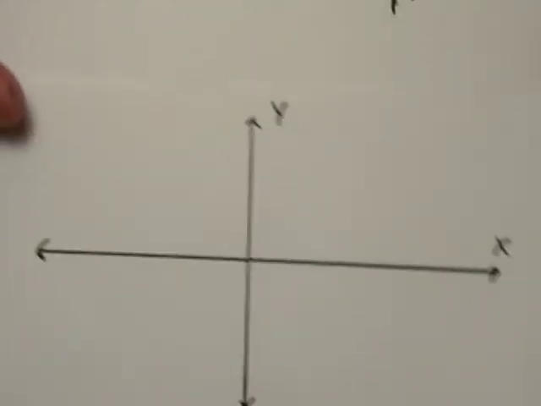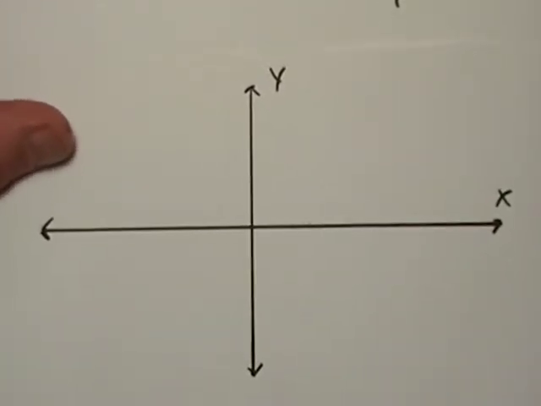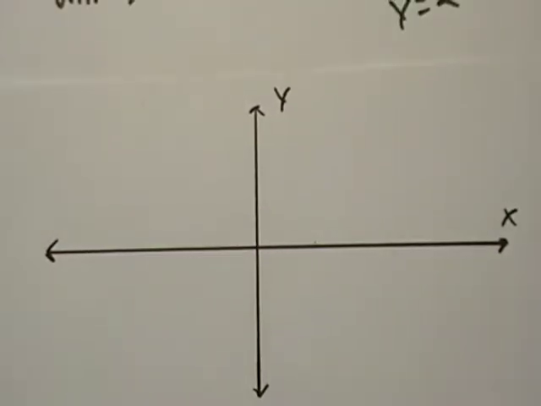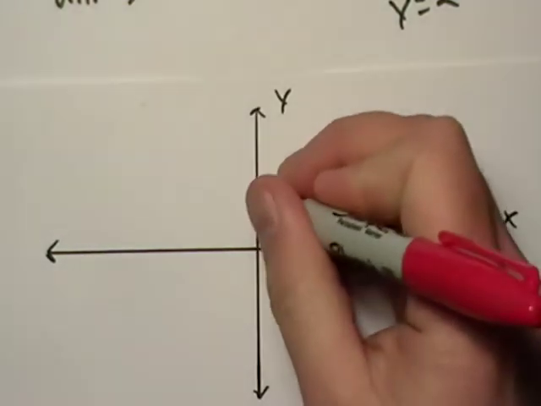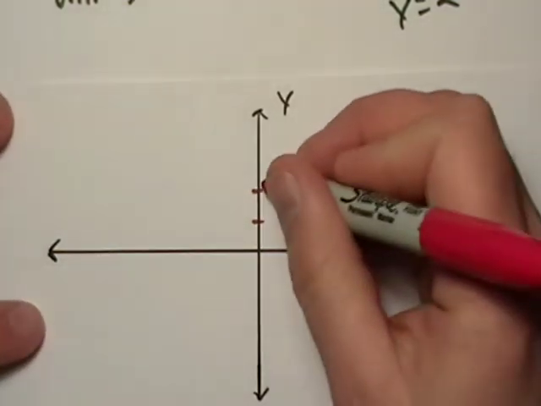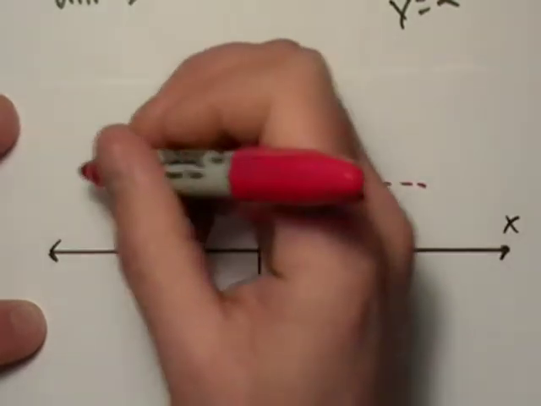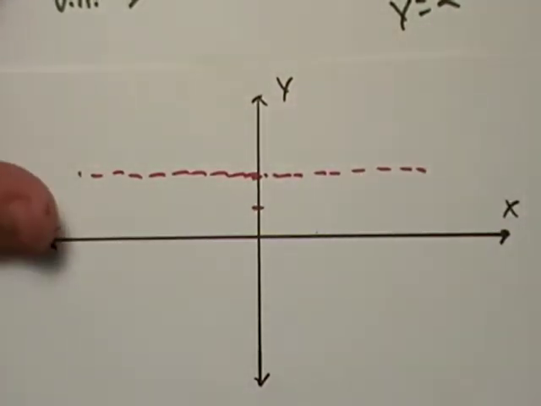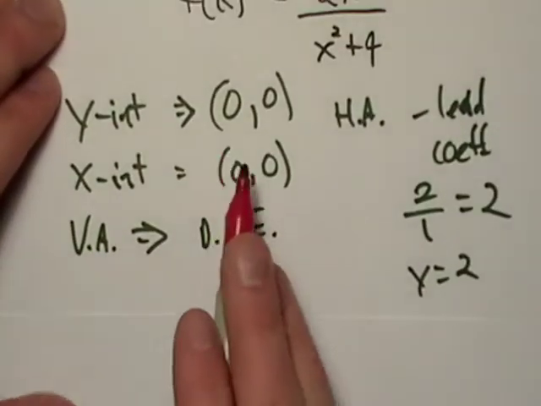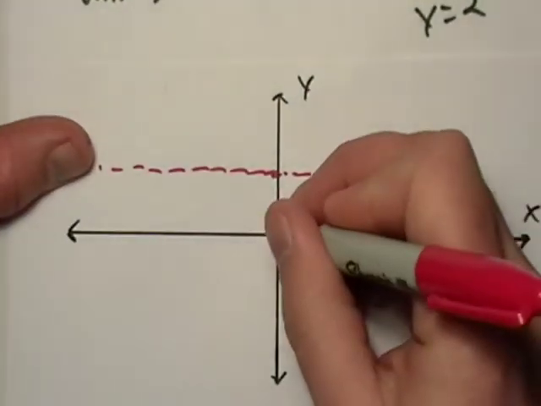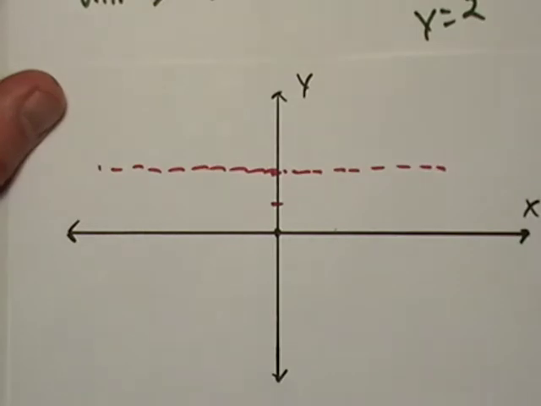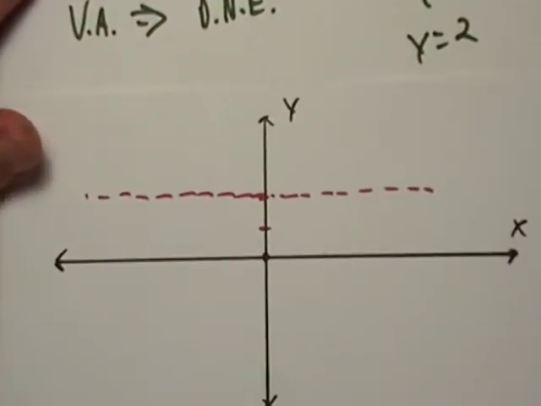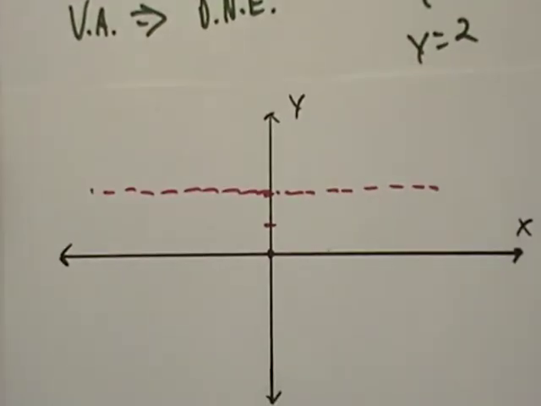So let's take it down here and draw what we know. Let's call this 1. Here's 2. So let's call this our horizontal asymptote. It doesn't have to be perfect. And we had (0, 0) on our x and y intercepts, and we really don't know much about anything else.